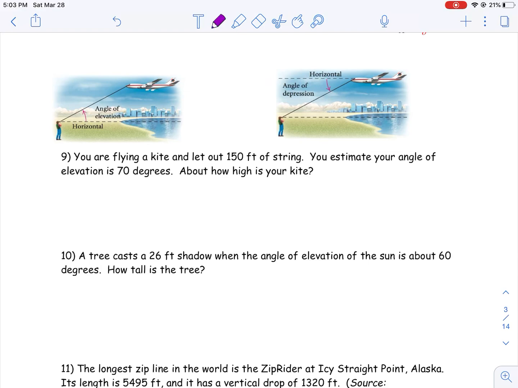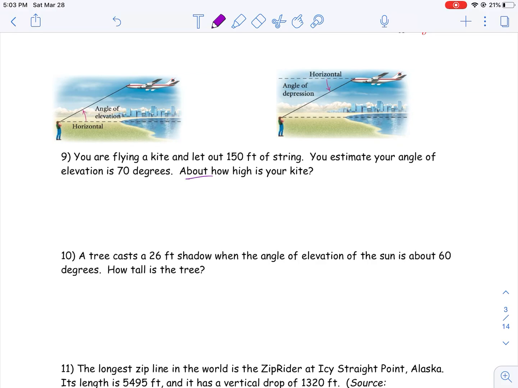All right, let's try these out in a couple word problems. Key idea for the word problem is make sure you draw the picture and you understand what it's saying. So you are flying a kite and you let out 150 feet of string. You estimate your angle of elevation is 70 degrees. About how high is your kite? We are going to simplify this a little bit.